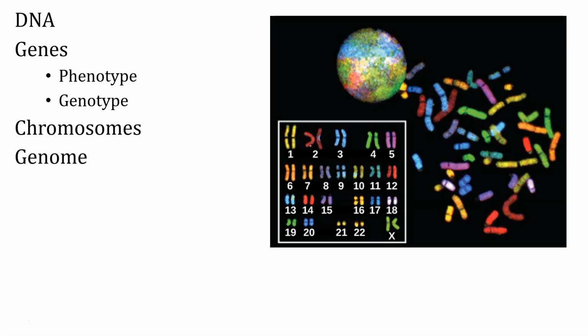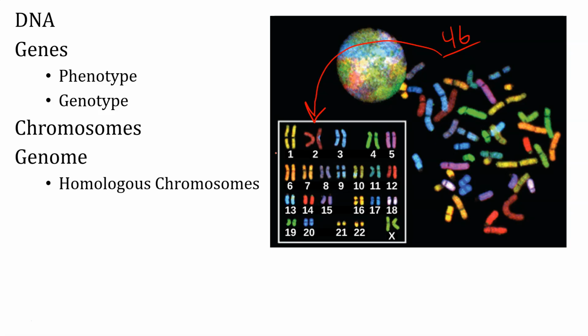Okay, so there are 46 chromosomes in most of your cells, but those 46 chromosomes are arranged into 23 pairs of what are known as homologous chromosomes. So a homologous chromosome basically refers to the fact that you have one set of chromosomes from your mom, one set of chromosomes from your dad.